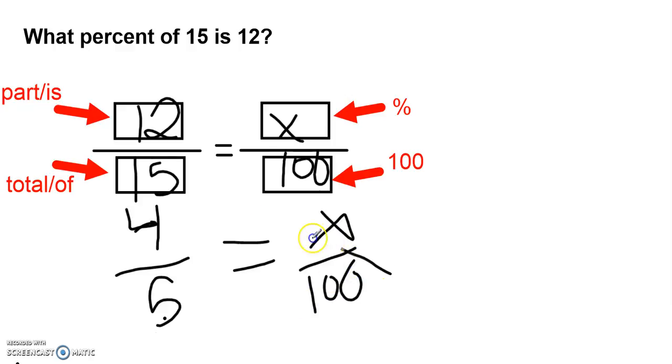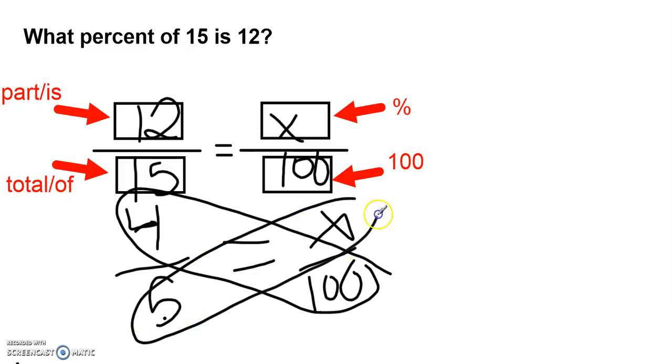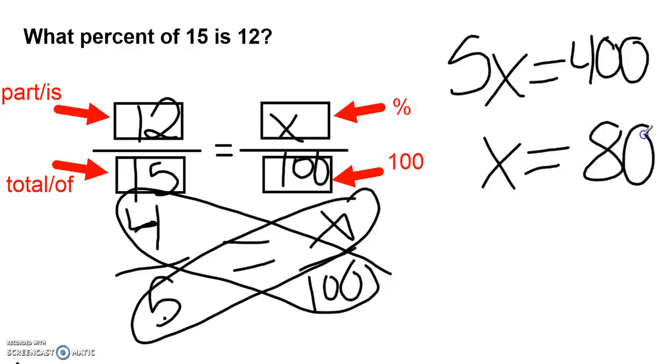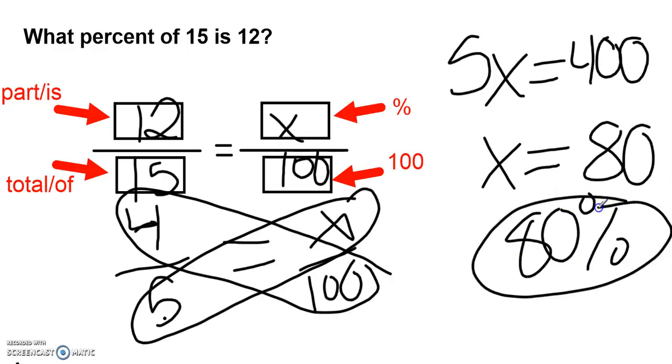So then cross multiplying, I'm going to get 5x equals 400. And so x equals 80. Okay? And that's our answer. So it's going to be 80% then, because it's asking what percent of 15 is 12. 80%.